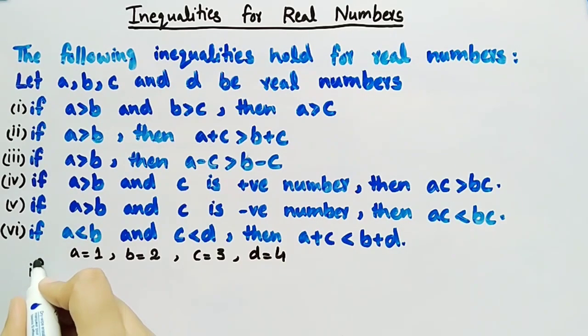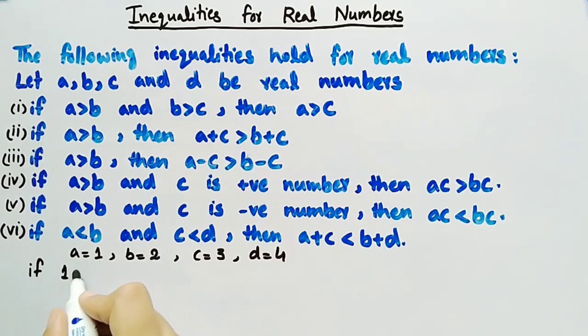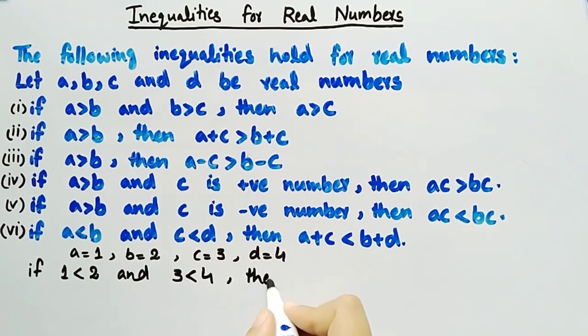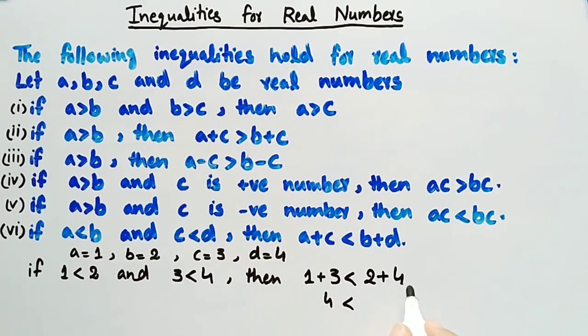Now here we can say that A, that is 1, is less than B, that is 2, and C is less than D, that is 3 is less than 4. Then A plus C, which is 1 plus 3, is less than B plus D, that is 2 plus 4. 1 plus 3 is 4 and 2 plus 4 is 6. We can clearly see that 4 is less than 6.